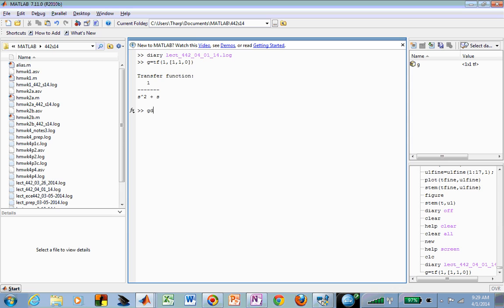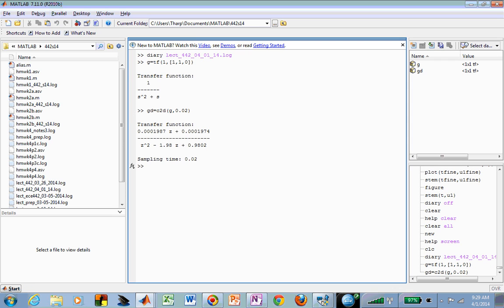And we can now find the discrete equivalent using the C to D function with that continuous time plant and the sample period of 20 milliseconds. There is now our system.